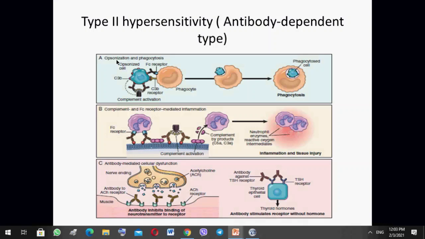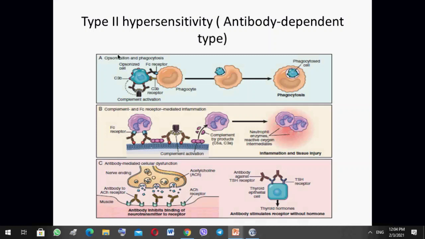And you know what is opsonization. Opsonization, as I said to you, is that the body cannot recognize the foreigner, okay? The antibody will go to the foreigner and coat it, okay? And after coating of this foreigner, the immune system then can recognize this foreigner, okay?